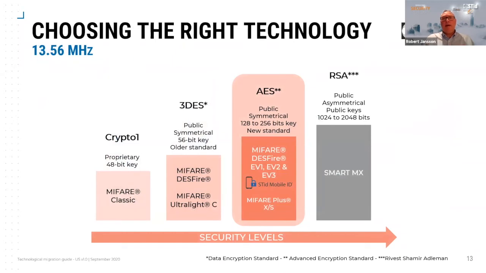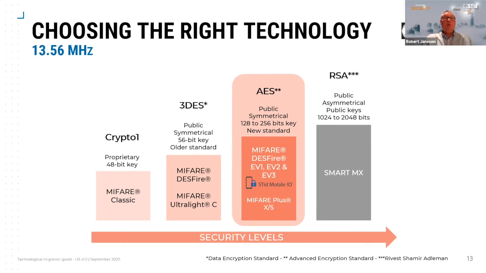So here we have about 20 years of card technology development. All of those card technologies that you will see here are working on 13.56 megahertz. And we can see a lot of brand names here. We can see MIFARE Classic to the left. We see MIFARE DESFire and Ultralight. And we can see MIFARE DESFire EV1, EV2, and EV3, MIFARE Plus, and then to the right, SmartMX.